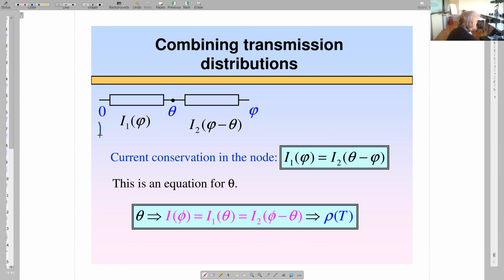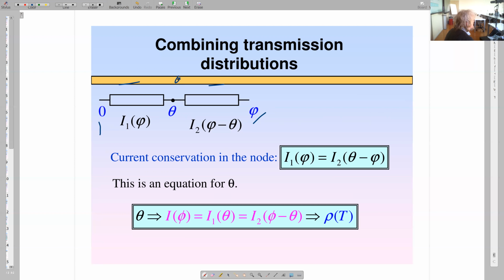We fix these parameters, phases in both leads. There are two connectors, and there is a node between these two connectors. It is at some phase which is not known yet. We don't know the voltage in Kirchhoff's sense.